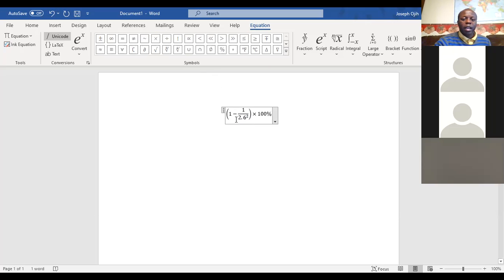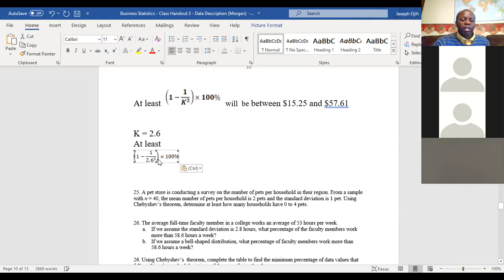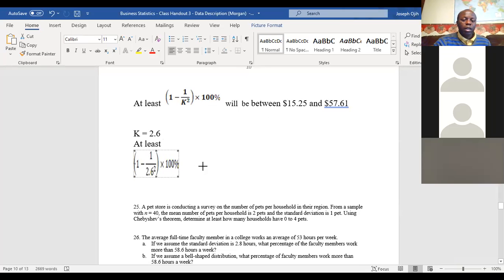Now see, it allowed us here. So I'm going to take it back so we can paste it here bigger, so you can see it more clearly. At least 1 minus 1 over 2.6 squared will be between $15.25 and $57.61.